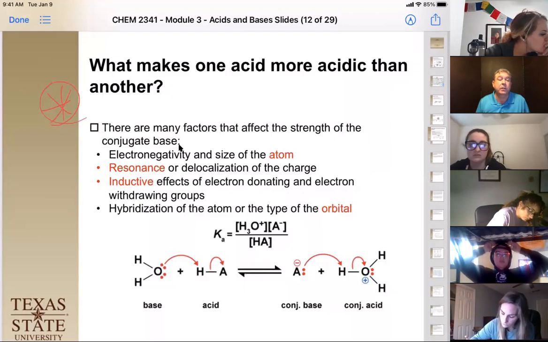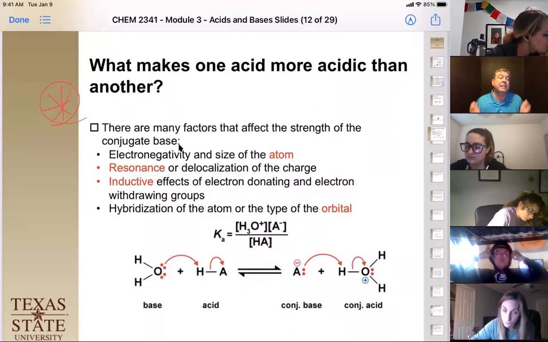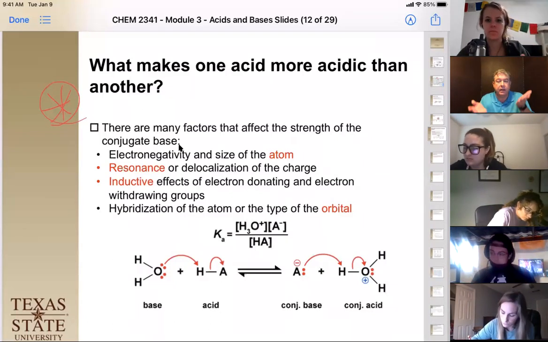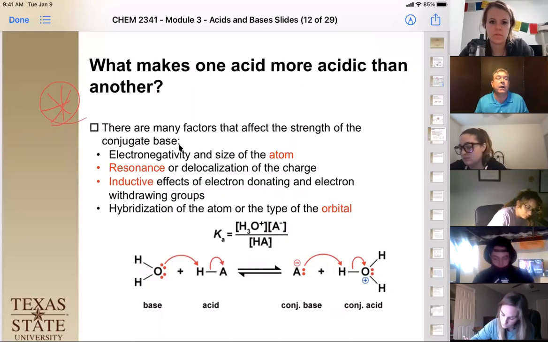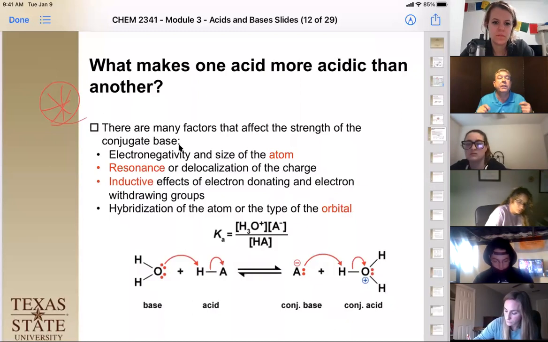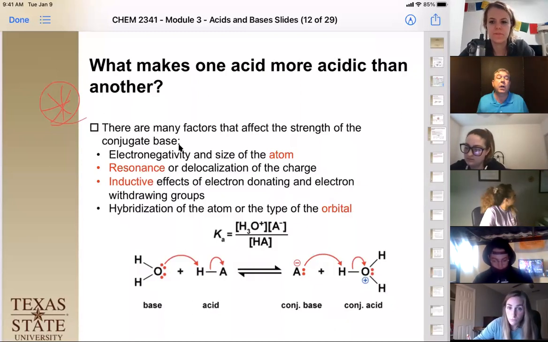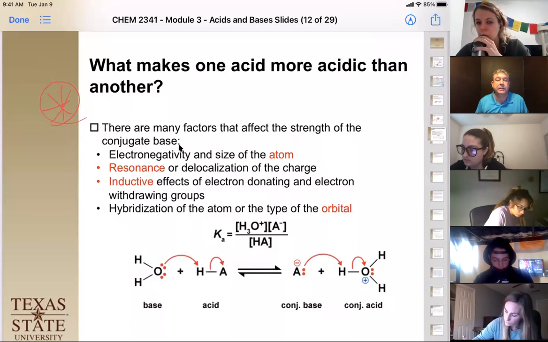The first thing we're going to talk about is the electronegativity and the size of the atom, because they kind of balance each other out as far as increasing or decreasing acidic strength. The next thing we have is resonance or delocalization. If you can spread that charge out over more atoms, it's going to be more acidic because it's becoming a weaker base.